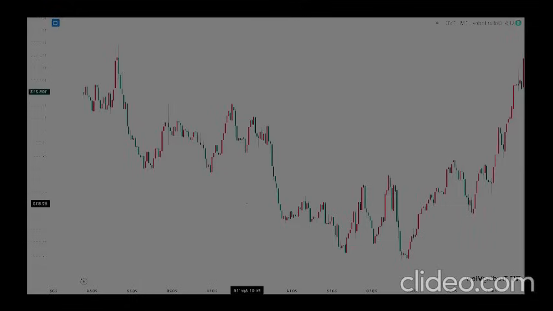The element in that pair, so we are going to use information from DXY so you can determine the trend of other pairs.